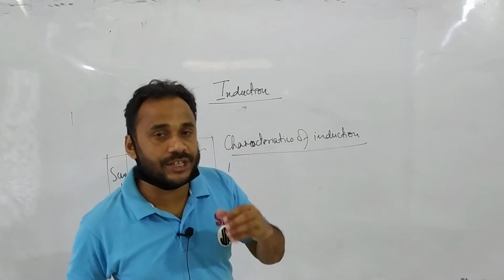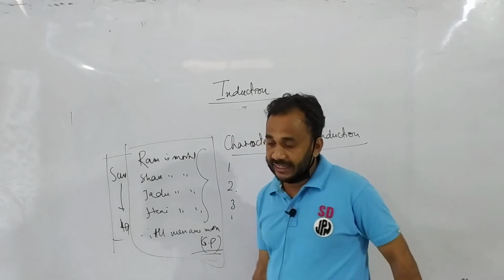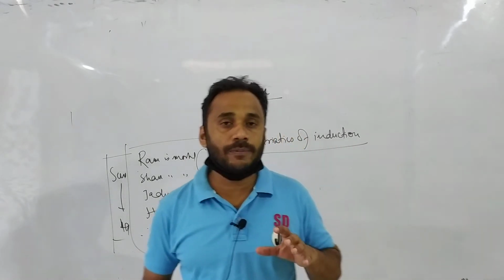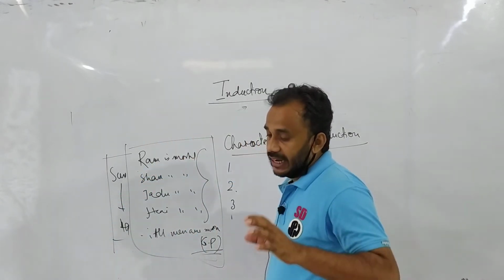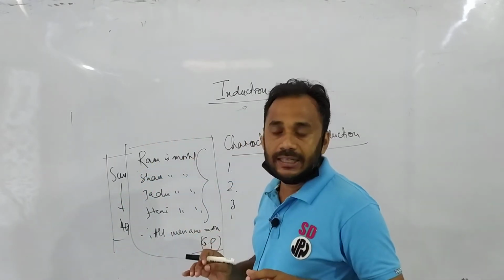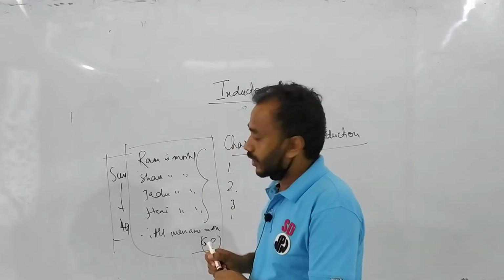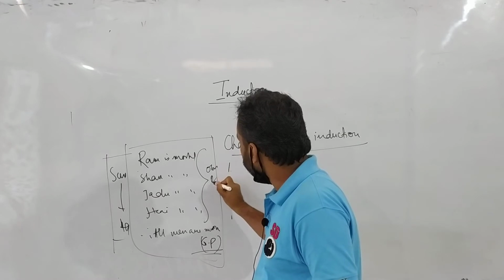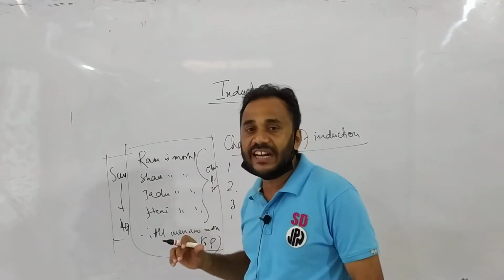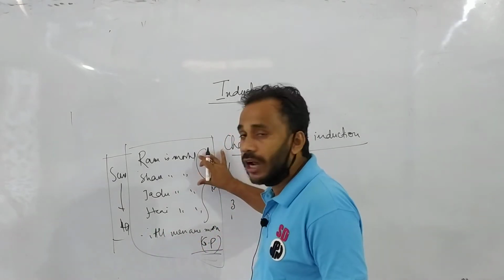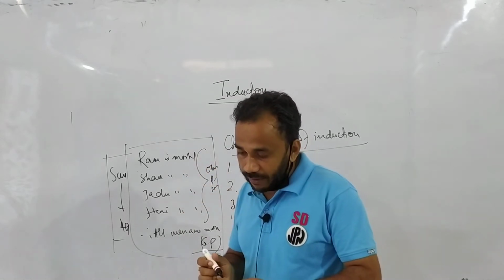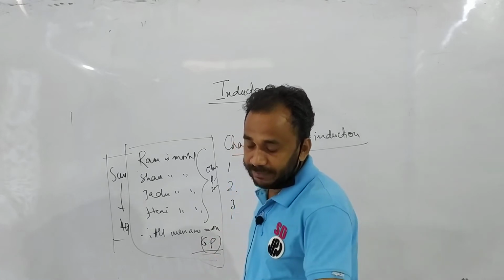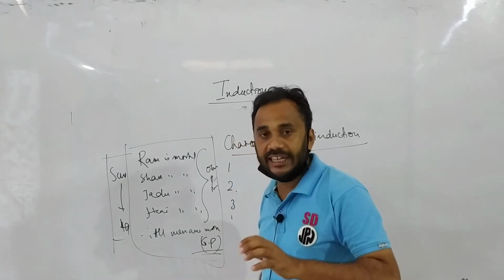The second characteristic of induction is that the premises are collected by observation. That means this is the observation of facts, or the particular facts of experience. This is the observation of facts by our own experiences, and they are not accepted as true, as we do in deduction.